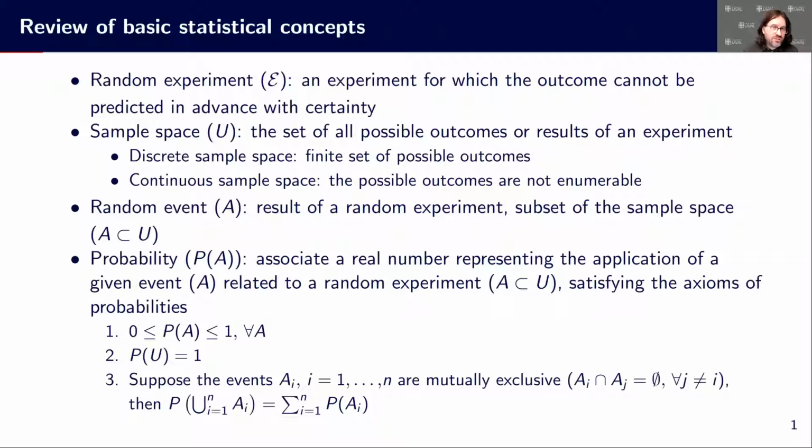So if we have 3 possible events, A1, A2, A3, the probability of getting one of these 3 events, if they are mutually exclusive, is equal to the probability of getting A1 plus the probability of getting A2 plus the probability of getting A3.